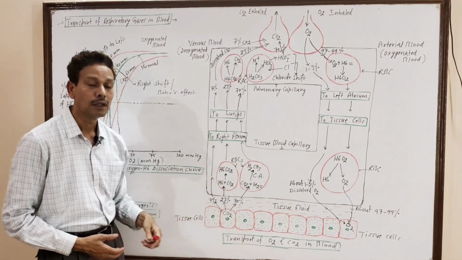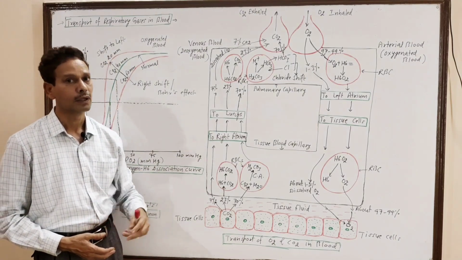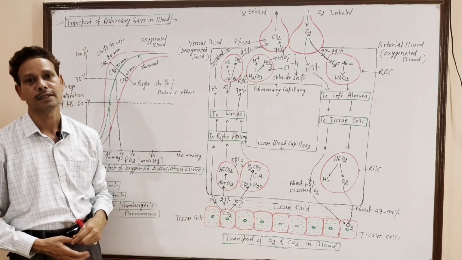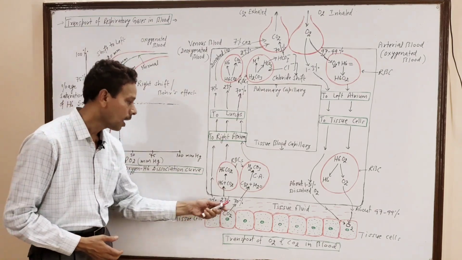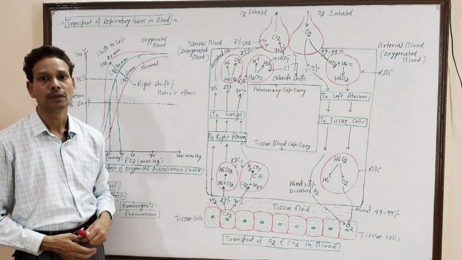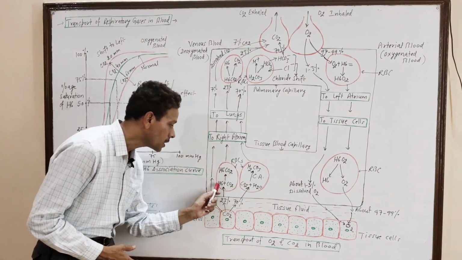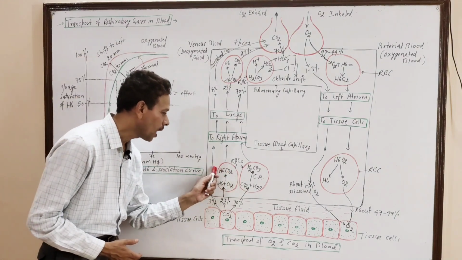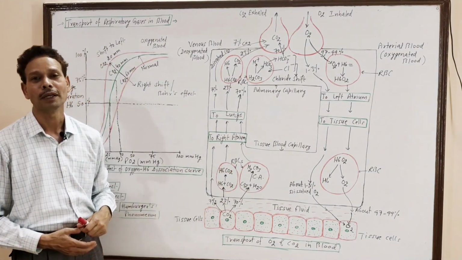The remaining 93% of CO2 enters the RBCs. Here in RBCs, about 23% of CO2 interacts with hemoglobin and produces carboaminohemoglobin.